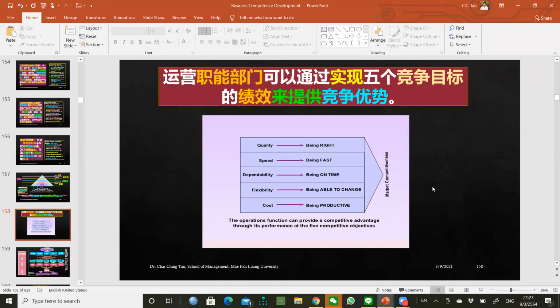Okay, so we realize that the operations function as a result can provide a competitive advantage through these operations objectives, because quality, being right, speed, being fast, dependability, being on time, flexibility, being able to change, cost, being productive, all of these generate differentiation. All of this generates competitive cost leadership. Okay, so things like that.